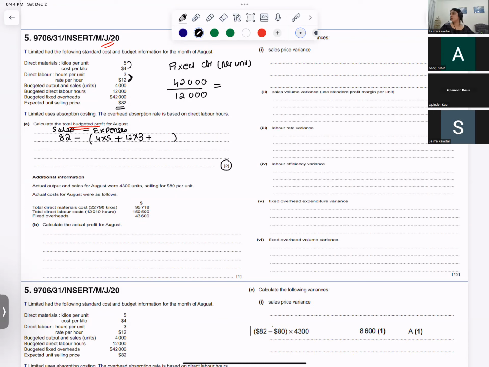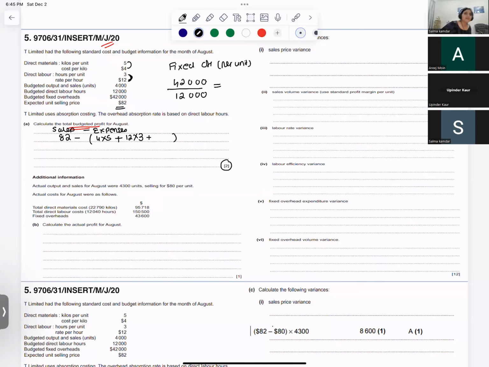Can you tell me about the fixed overheads? The direct labor hours are 3. See, you need to understand one thing.